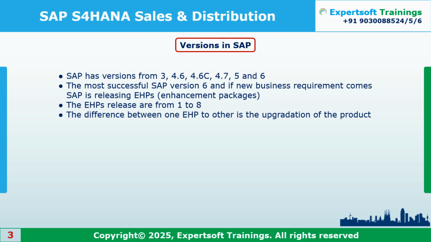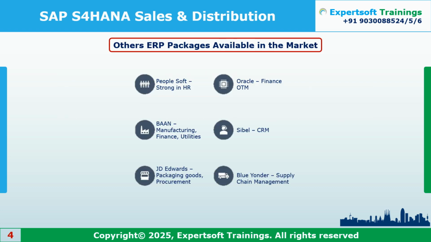And there are multiple ERPs, and these are some of them. For example, Blue Yonder is there, which is nowadays in supply chain management. When the D2C, direct to customer, concept came, SCM became active. Since all of you are young, you might not know it.